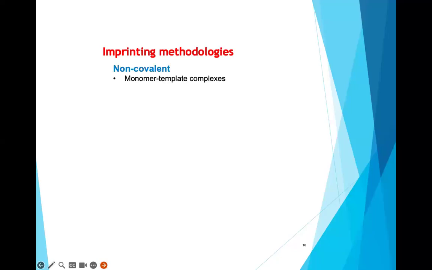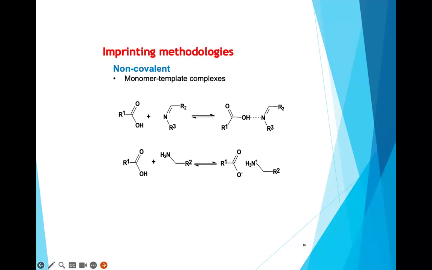So what about non-covalent, which I used to use? Monomer-template complexes. You can see that most of the time it is hydrogen bond. It can also be ionic, not ionic bond, but charges. It is the interaction between charges. You can see that this is plus and this is minus. There is no electron transfer, so it is not ionic bond, but it has charge interaction, the positive and negative charges interaction.